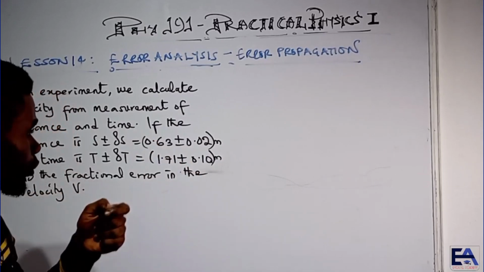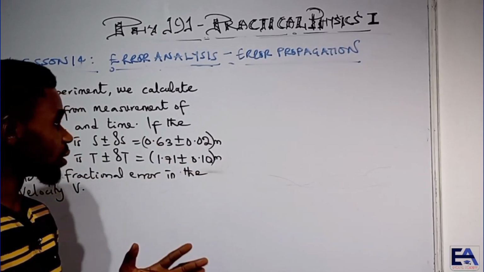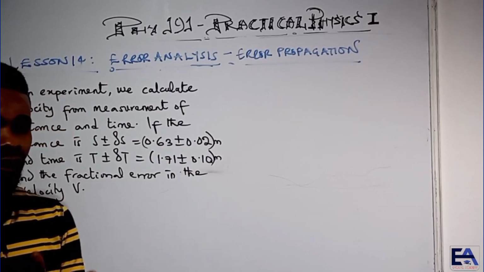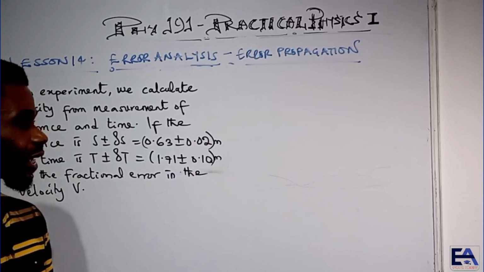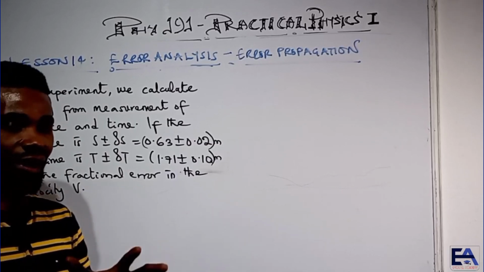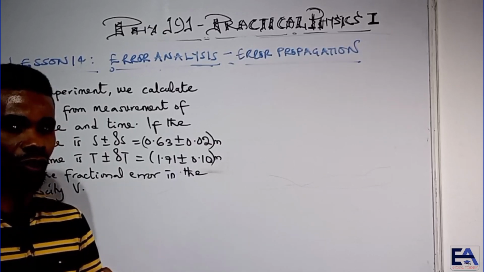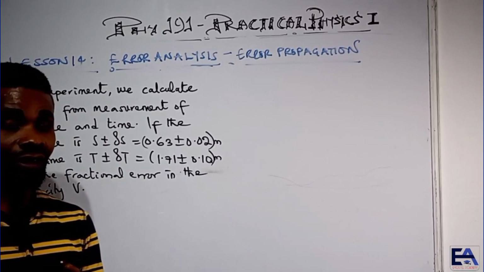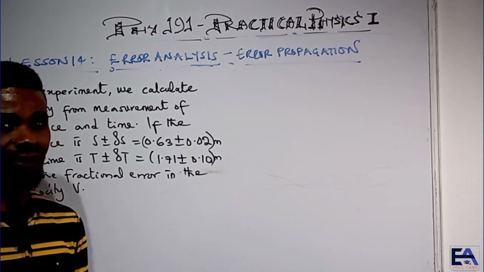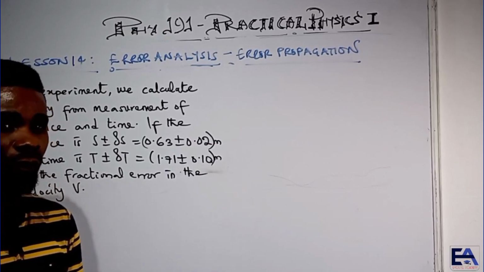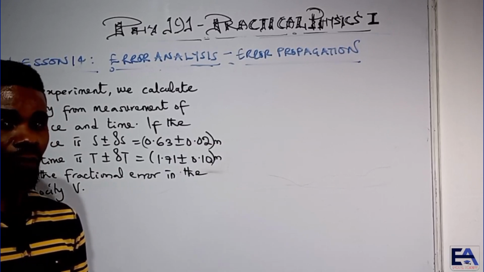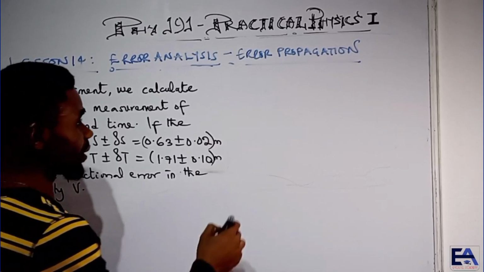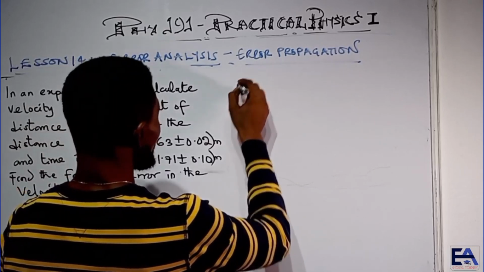So the one we are going to do now is the one that caters to multiplication or division. How can we do the error propagation when we are dealing with quantities that are multiplying or dividing? There is a formula for this, okay? The formula says that, in fact, there is a law.